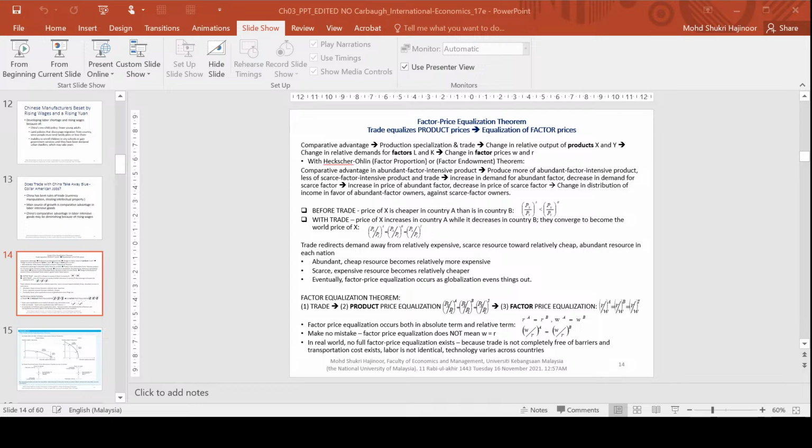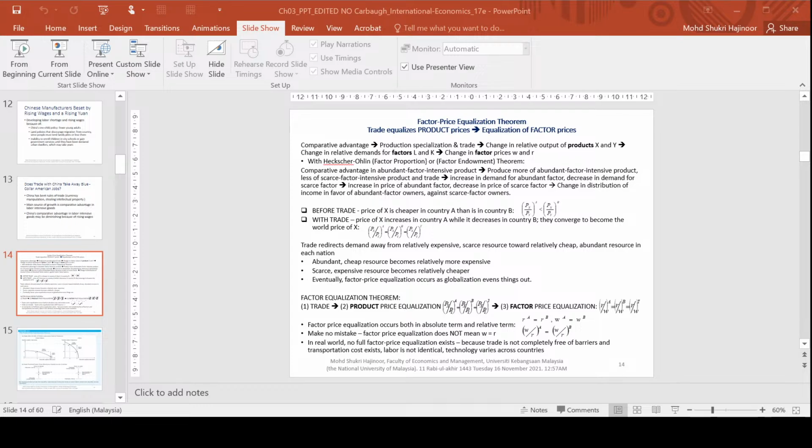Factors which are specific to a certain industry cannot be changed immediately to be used for the other industry. That's the concept.